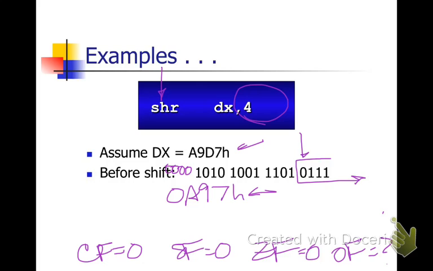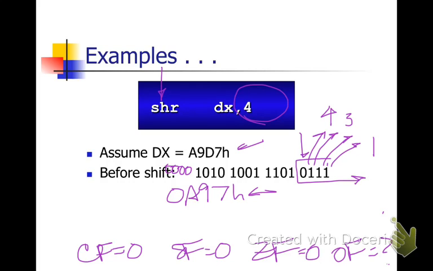You can predict it, but what it's going to do is it's going to set or clear based on every bit getting shifted out and what the result is after every bit. Okay, so you can't tell because after the third shift, if it were to work, it would reflect only the change in sign between the third and fourth shifts, not between the first and fourth. Okay, so that's why that one is not defined.